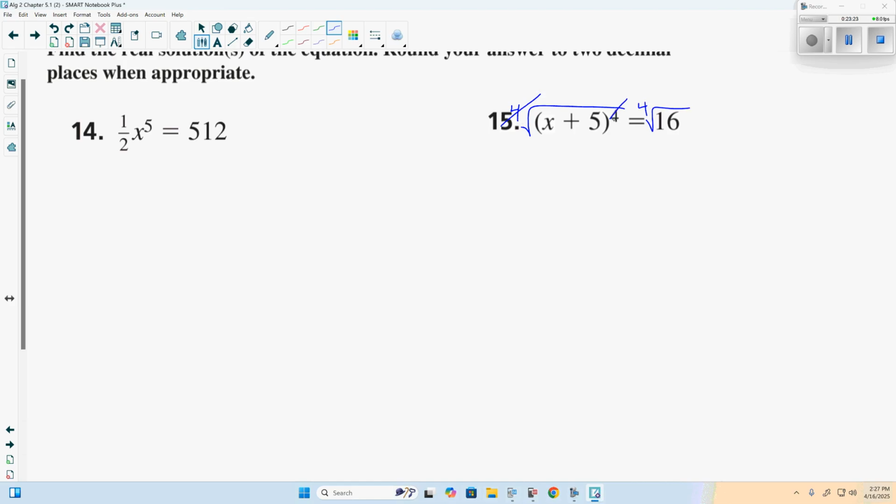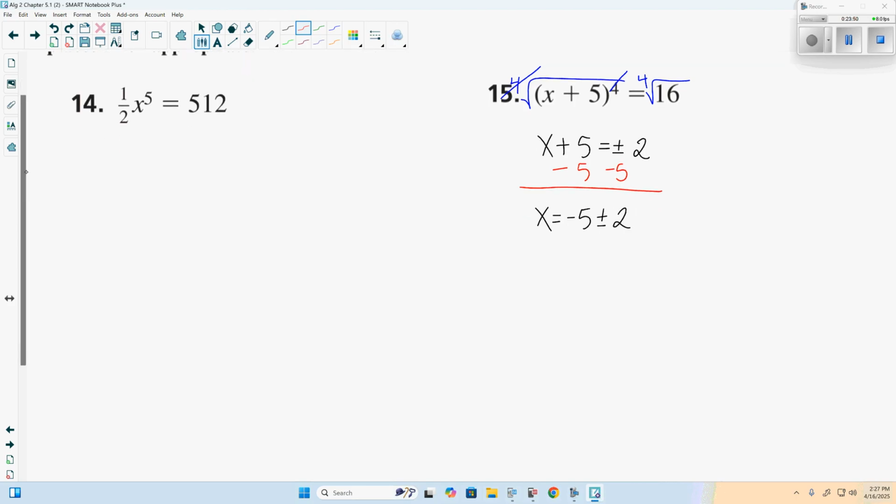Because the 4th root and 4th power would cancel, telling us that x plus 5 equals the 4th root of 16, which is 2. And because we took an even root, we would put the plus and minus, as we've done up to this point. Now we can solve for x by subtracting 5, telling us x is equal to negative 5 plus or minus 2.